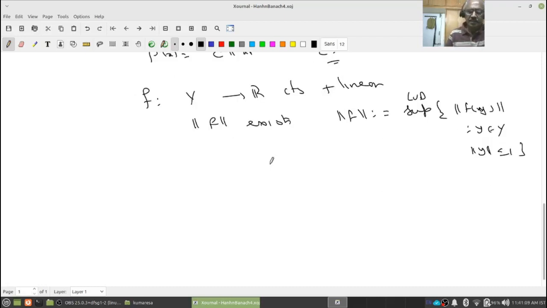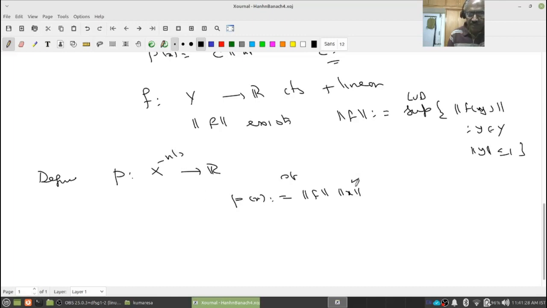It exists. Then we define P from X to R so that P of x is norm of F into norm of x. X is a normed space, so this makes sense. F is only a continuous linear function from Y to R, but it is bounded, therefore norm of F exists. That constant is what we are taking.